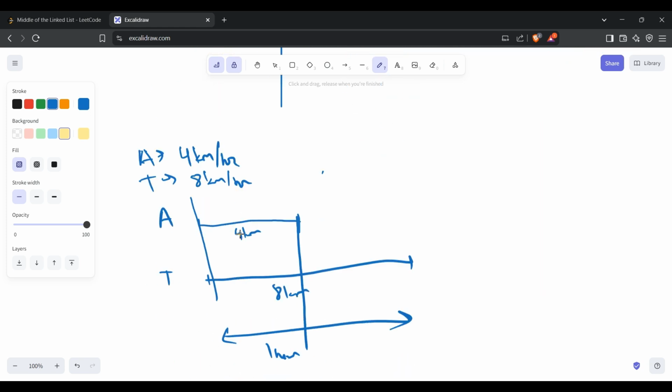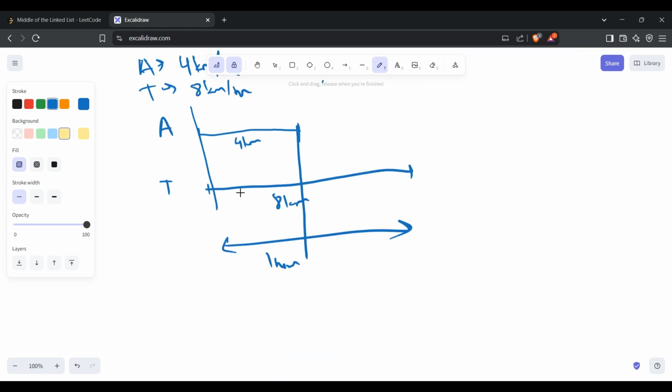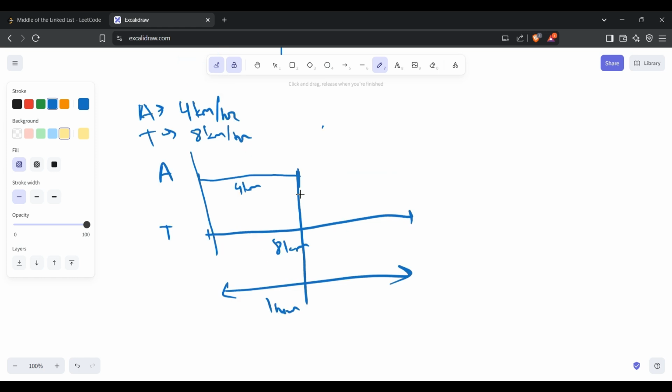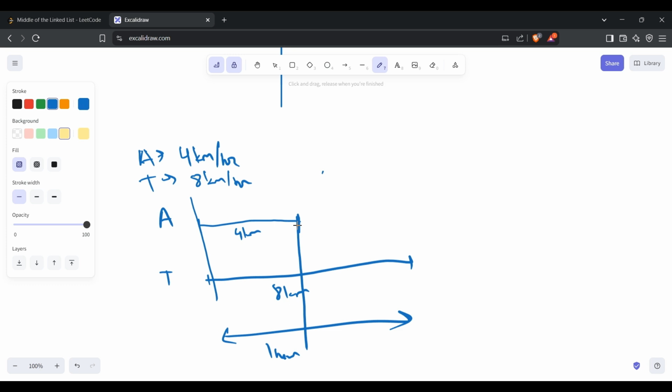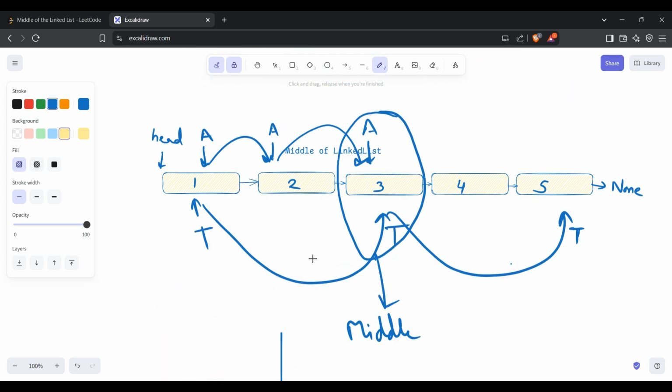This is the same concept: for the same time, if someone's speed is double, then the other person would cover exactly half of the distance. Here, the speed of T is double as A is moving only one node at a time, but T is moving two nodes at a time. Therefore, until T reaches the end of its iteration, A will be at the middle of the linked list.